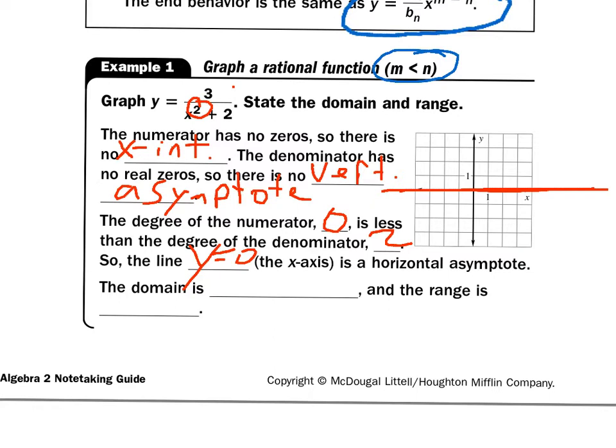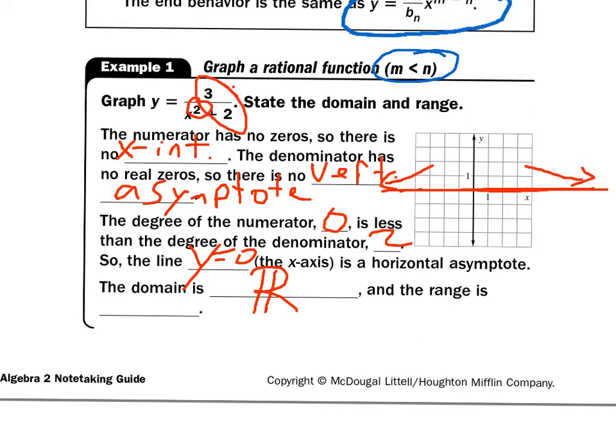The domain is all real numbers, and my shorthand, remember, for all real numbers is kind of like that paragraph symbol. And the range of this thing, you see how y will never get down to 0 at all. The highest point, or that max point, that it's going to get to, if this thing approaches down here and approaches down here, is right in the middle where x equals 0, which happens to be 3 over 2, and you're going to see that a lot.